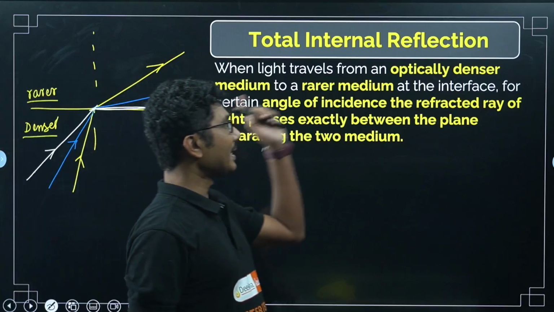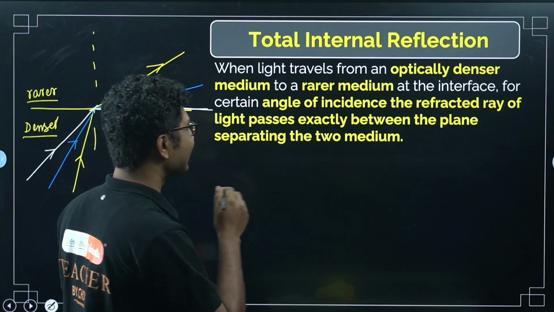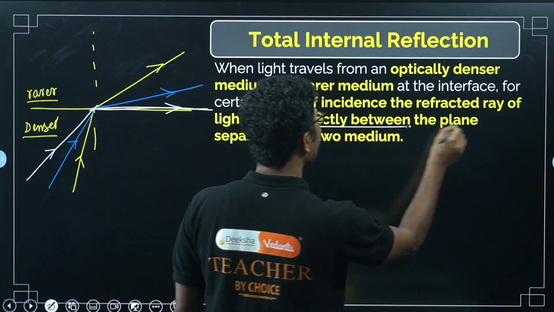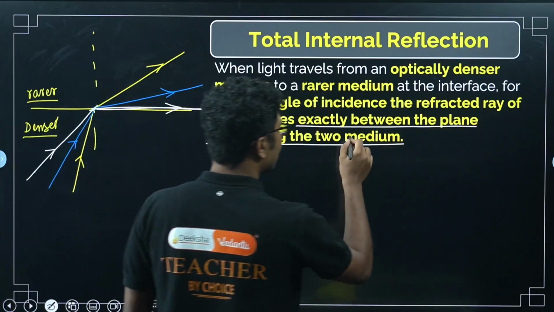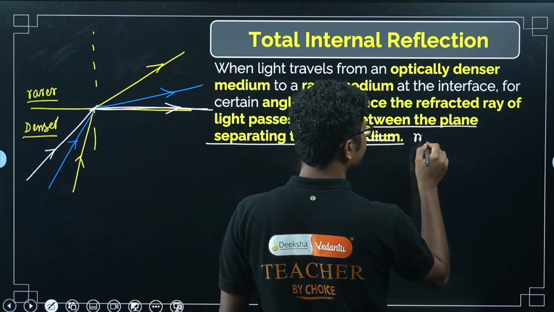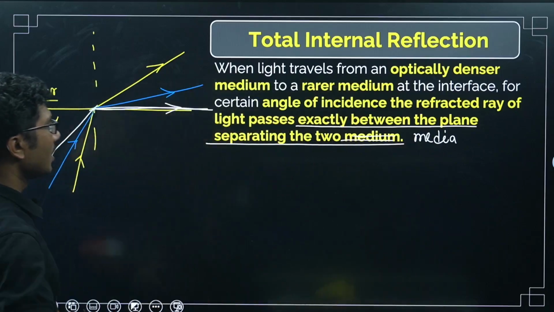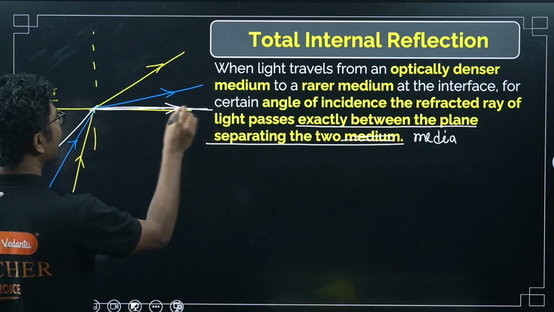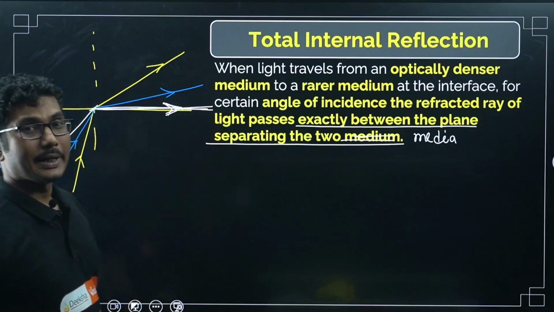So at a particular angle of incidence, the refracted ray of light passes exactly along the plane separating the two media.